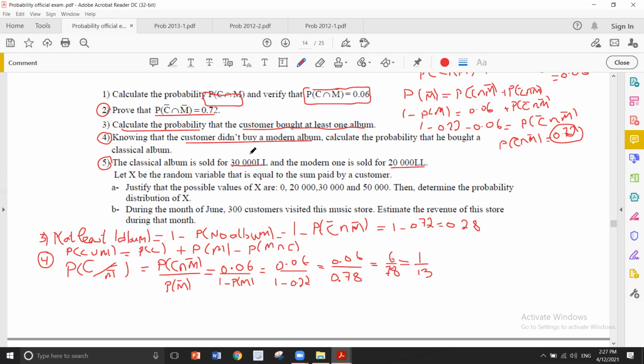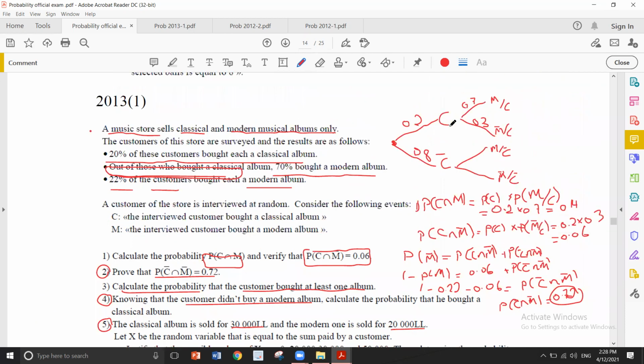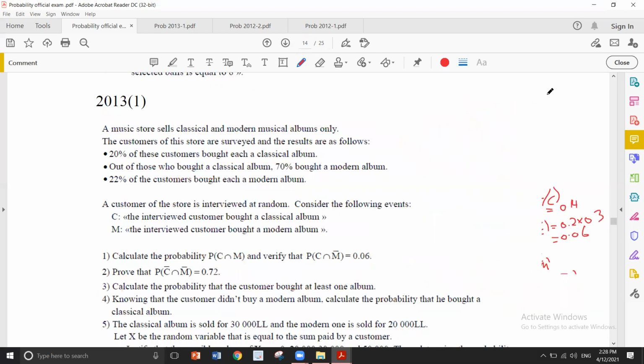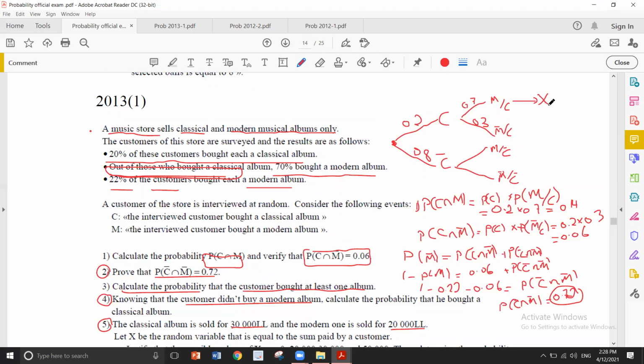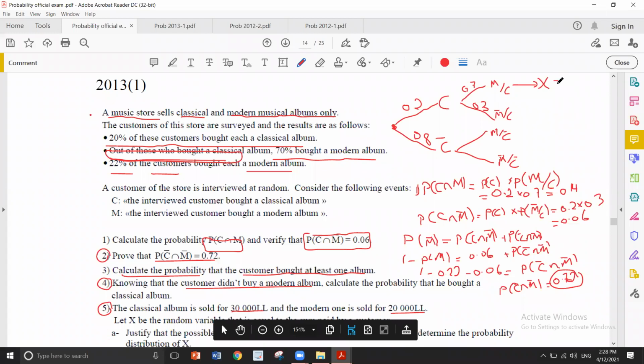Justify that X equals 0, 20,000, 30,000, or 50,000. If in the first branch the customer buys classical and modern, then X equals the classical 30,000 plus the modern 20,000, so X equals 50,000.